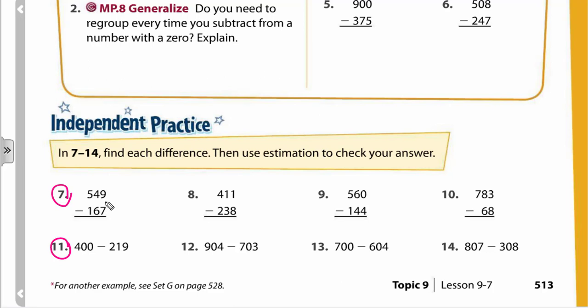9 and 7, we can take 7 from the 9. But 9 is not less than 7, it's more than 7, so you can subtract it.